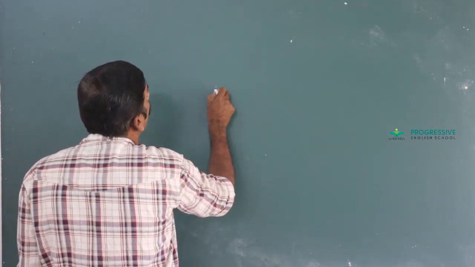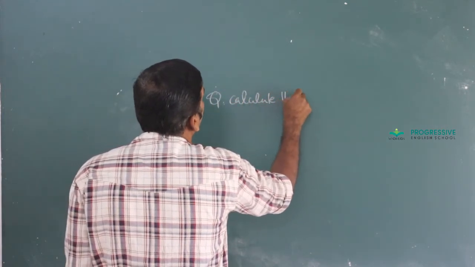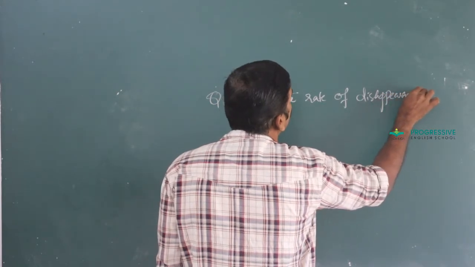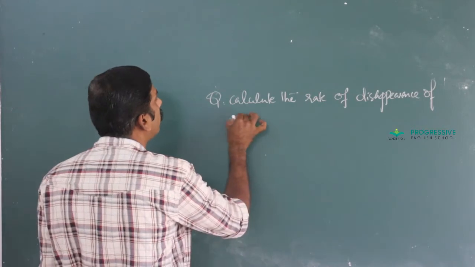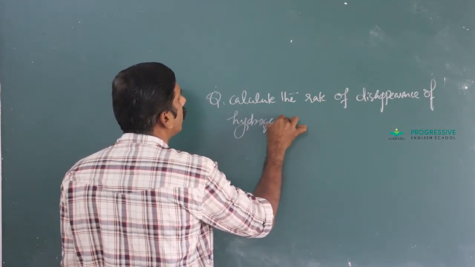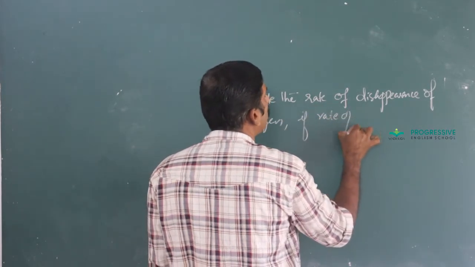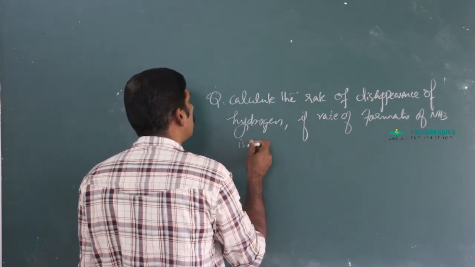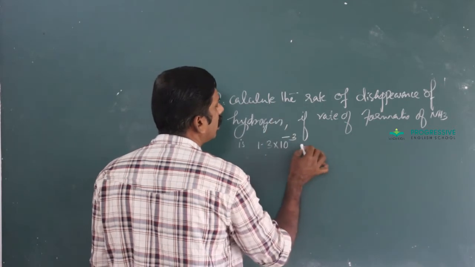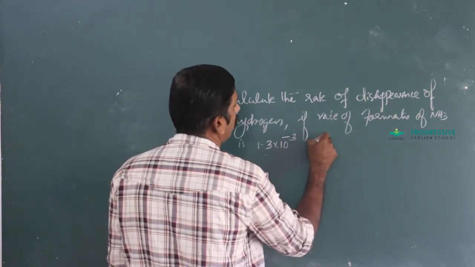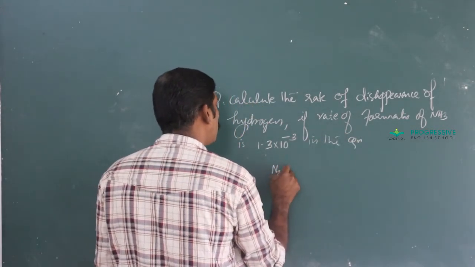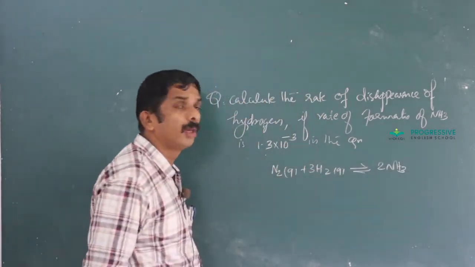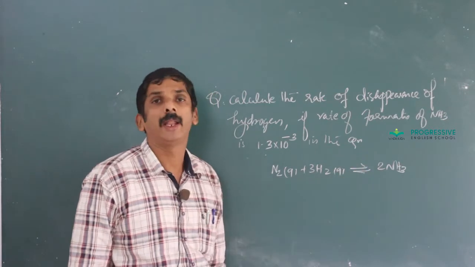That is, calculate the rate of disappearance of hydrogen if the rate of formation of ammonia is 1.3 times 10 raised to minus 3 in the equation N2 plus 3H2 gives 2NH3.